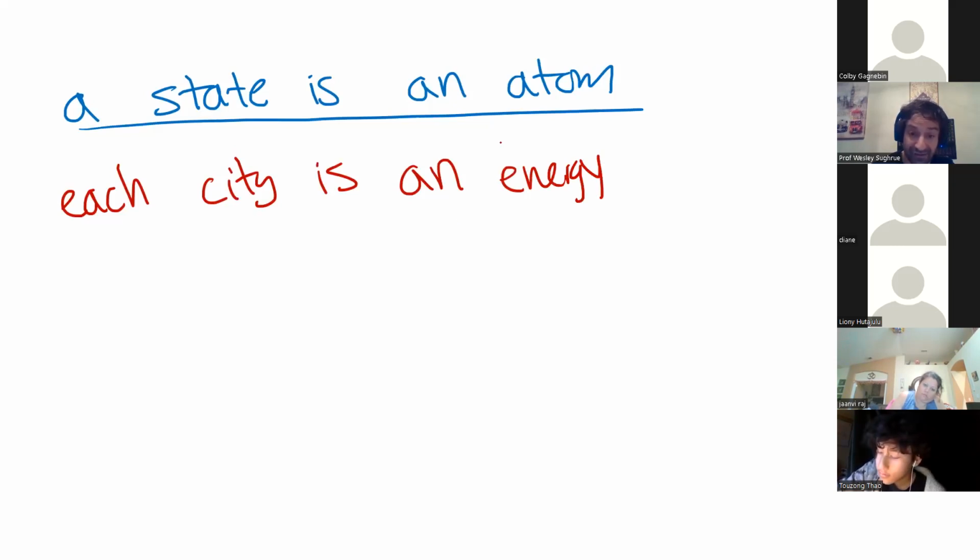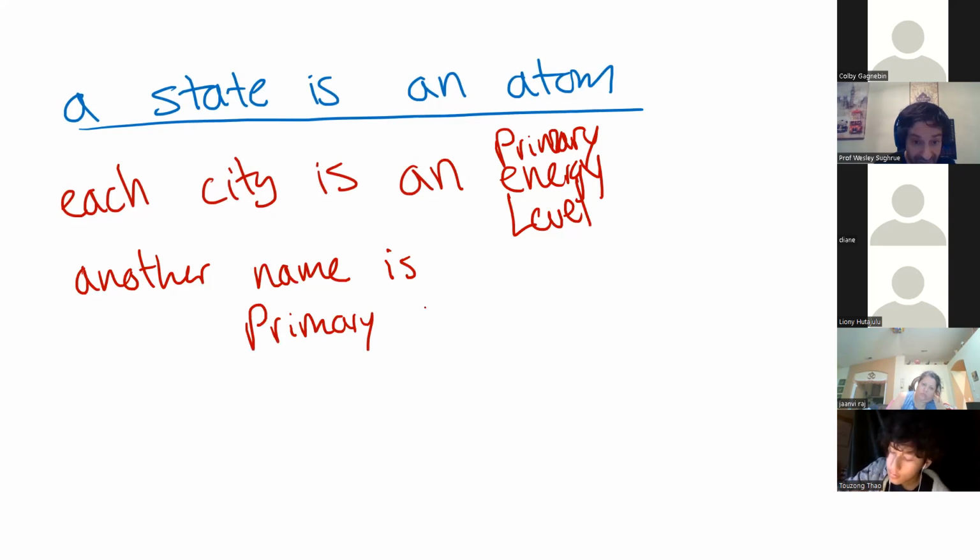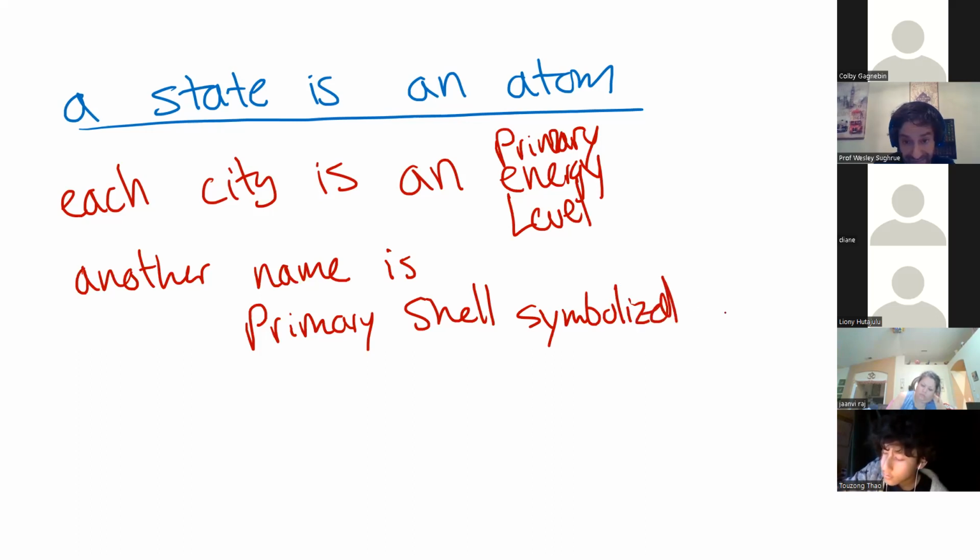We'll call these specifically a primary energy level, or another name for that is what we call a primary shell, symbolized by the very generic letter N.